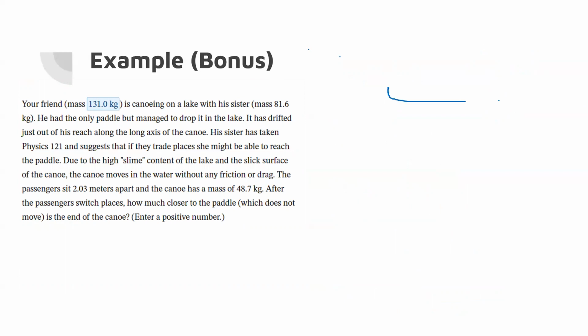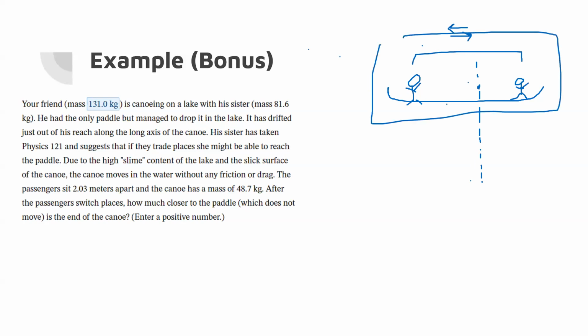The idea is that because there's no external forces acting on this canoe, and the center of mass, I don't know where the center of mass is exactly, but let's say it's right here. When these two people of different masses switch places, since there's no external forces acting on this system, the center of mass stays in the same place.